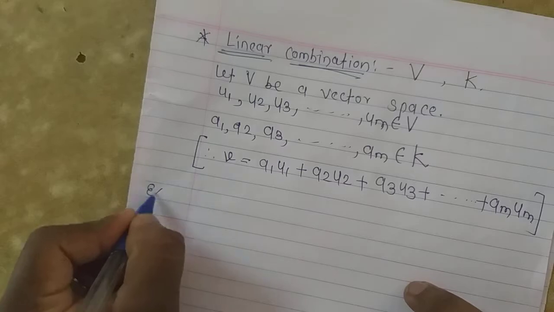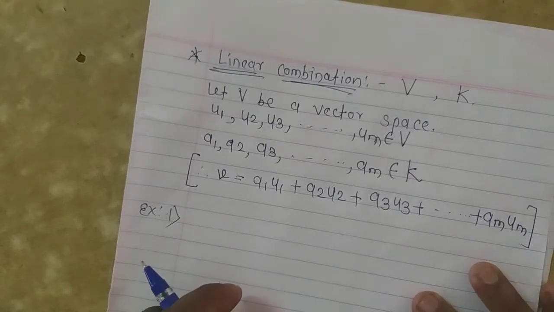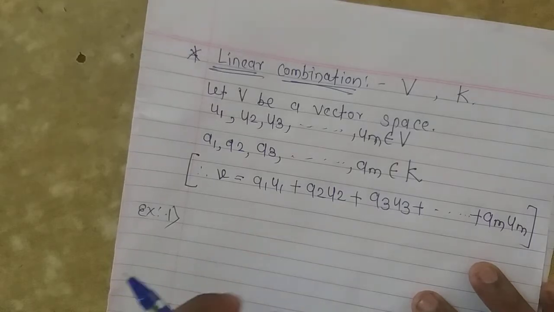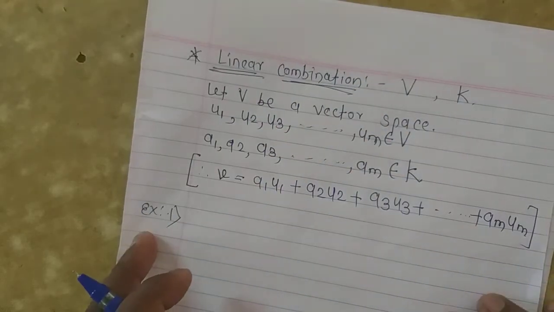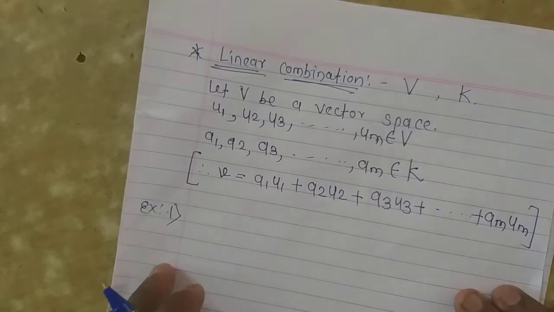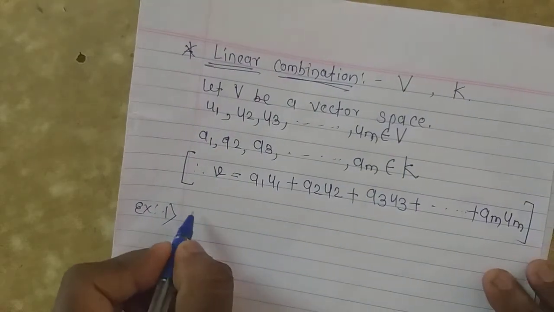Then let's start example number 1. This point of linear combination is useful for linear dependence and linear independence. Next, the first example.